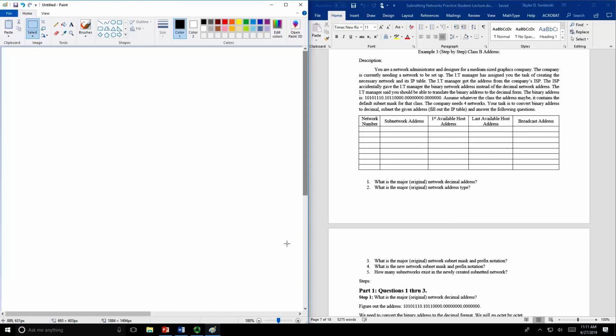Remember, Class B has more hosts and a different subnet mask, so it's going to be slightly different from a Class C network. But as always, before we can begin subnetting, we have to convert that binary address to decimal.